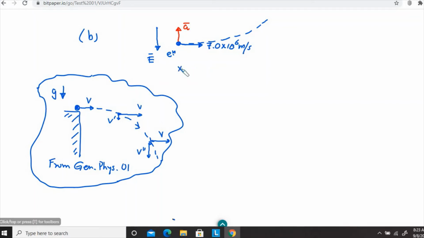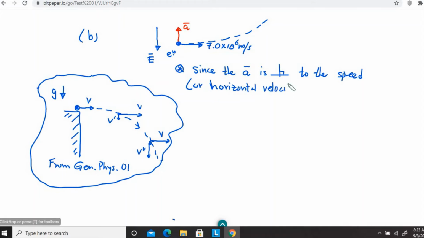So an important point here is that since the acceleration vector is perpendicular, and this symbol stands for perpendicular, to the horizontal velocity, the horizontal velocity will not change.